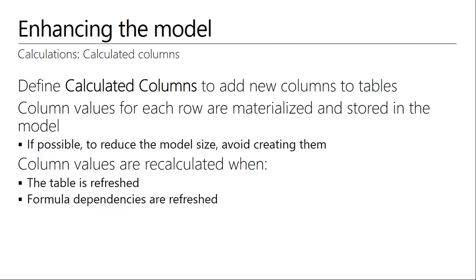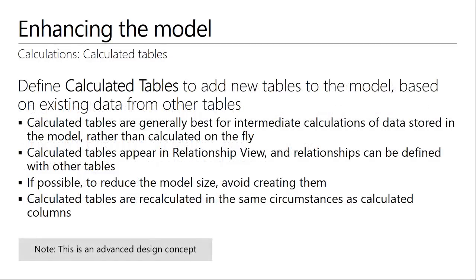And so calculated columns, defined by using DAX, simply add new columns to tables. It's important to note that these increase the size of the model, and column values are recalculated when the table is refreshed or formula dependencies are refreshed. Calculated tables allow defining entire tables in the model based on a DAX expression that returns a table.